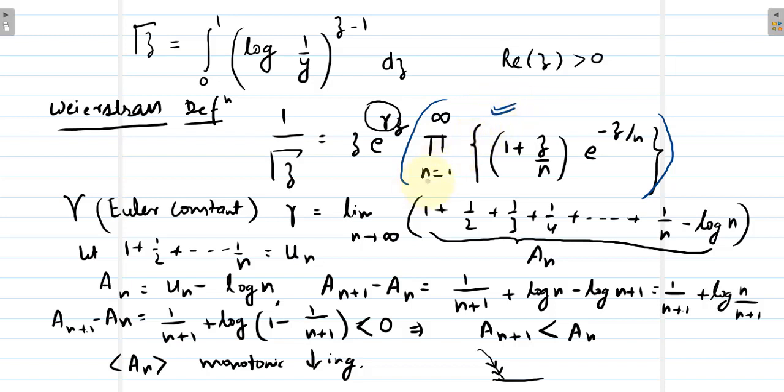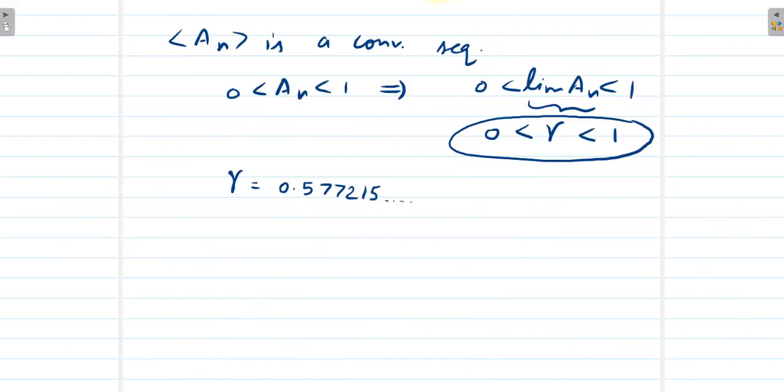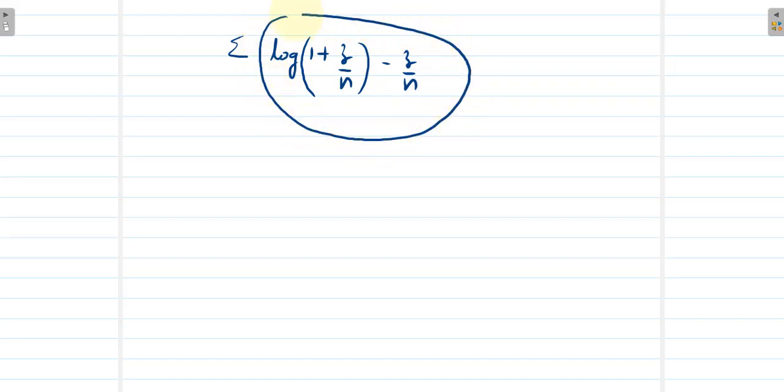We know that this infinite product will be absolutely convergent if the corresponding series is. And what will be that corresponding series? If we take log here, the corresponding series will be sigma log of 1 plus z over n minus z over n. Let us focus on this general term.